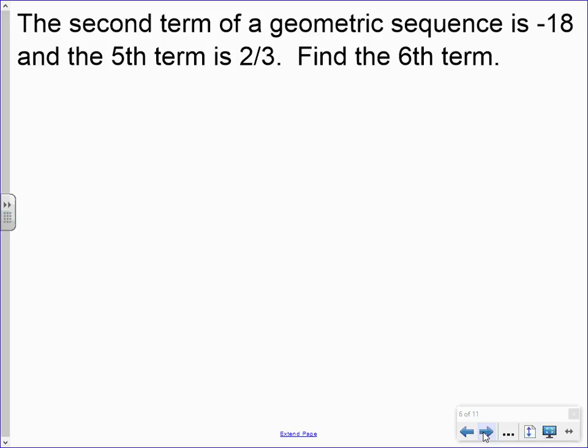We need the common ratio, and then we can find the first term once we have that common ratio. So, if we know that the second term is negative 18, and the fifth term is 2/3, how might we be able to determine that common ratio? 30 seconds, brainstorm with your team.